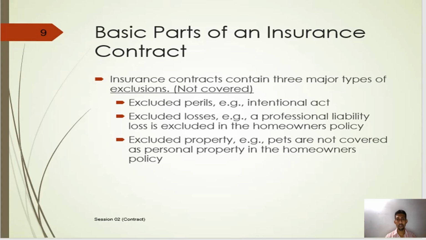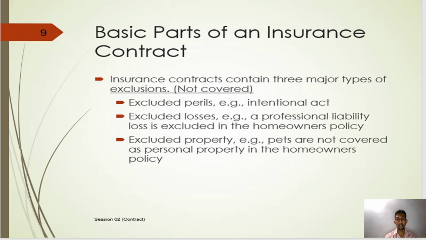And sometimes we see excluded property. For example, in a homeowner's policy, some pets are not covered because they do not come under that particular subject interest. In a home cover, an insurance protection cover, certain assets such as gold may not be covered.